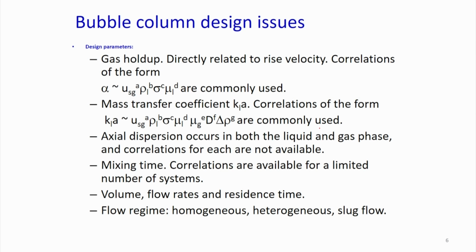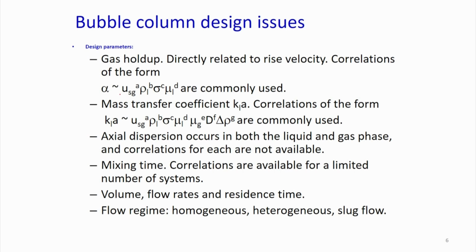People can have their own choices, but most of these correlations are a function of the superficial velocity of the gas, liquid density, surface tension, and liquid viscosity. So, the bubble holdup is generally a function of these four parameters. Now, the powers can be different, and there can be some constant value in the correlation.